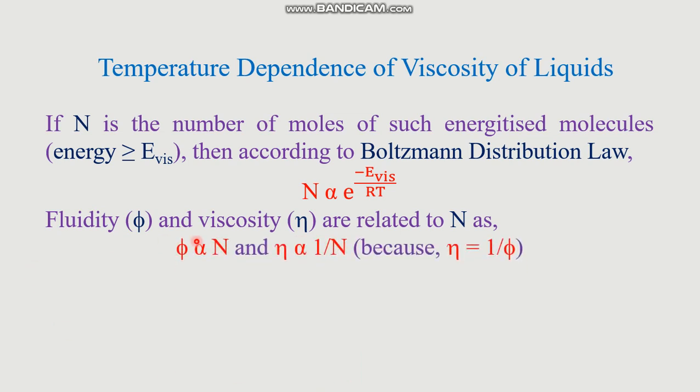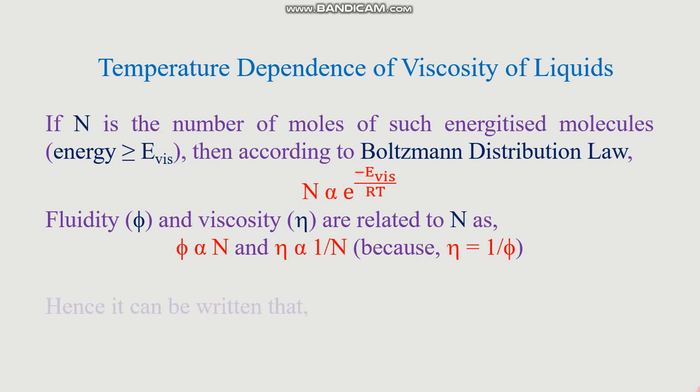So in place of N we can put phi, the fluidity, and if you put eta here, then just change this negative sign into a positive sign.